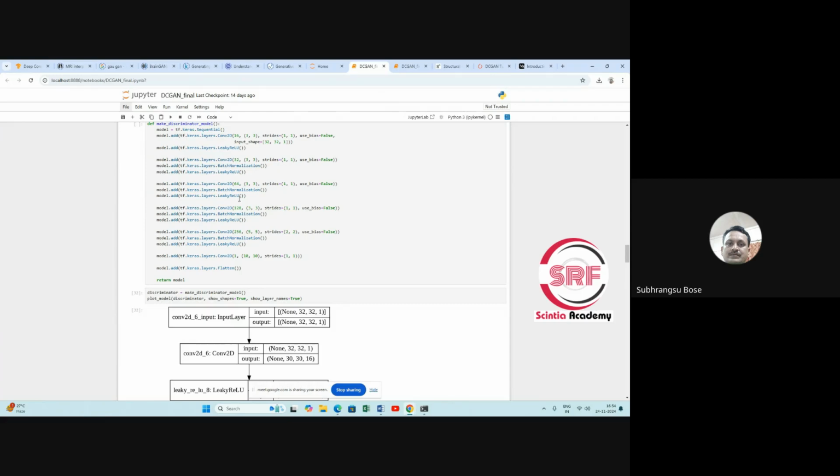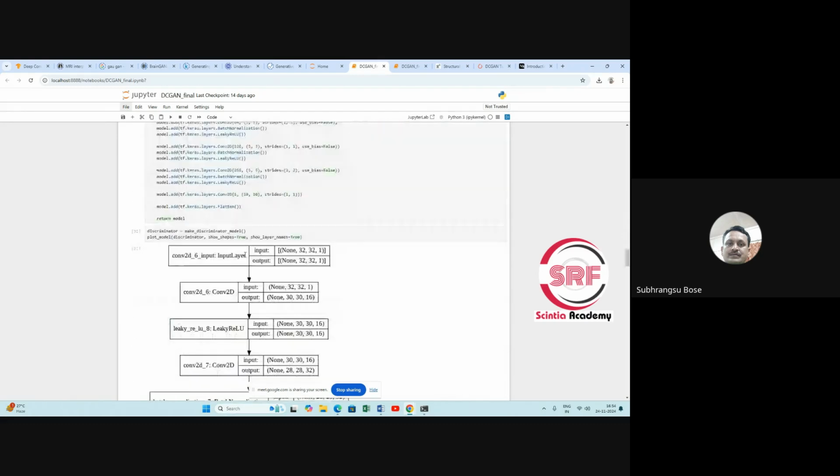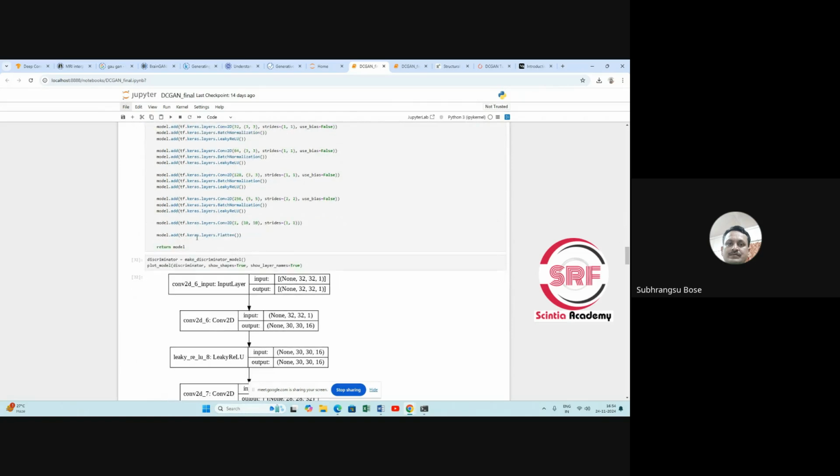That's the process. The channel number is increasing. That's why it is convolution 2D, not convolution 2D transpose. But for the case of generator, it is conv 2D transpose. And leaky ReLU is its activation function.